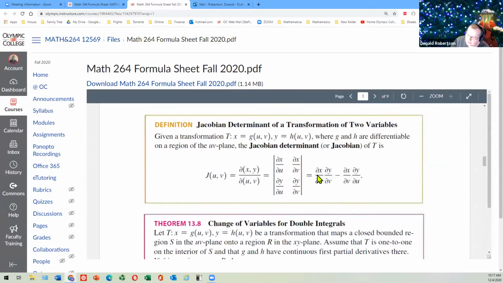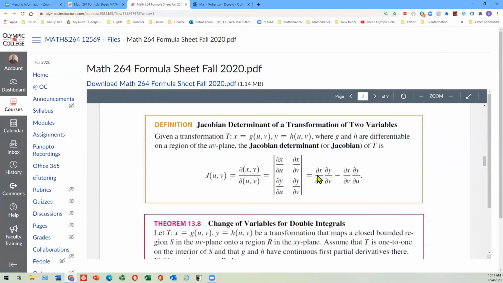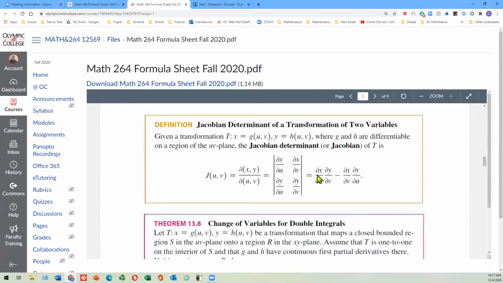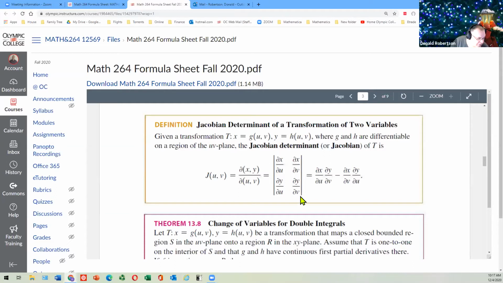Remember Jacobians? Basically, two-dimensional versions of u-subs. We never did any just because they take forever in a day, but you know you can do three-dimensional Jacobians. That would just be the determinant of a three-dimensional matrix.